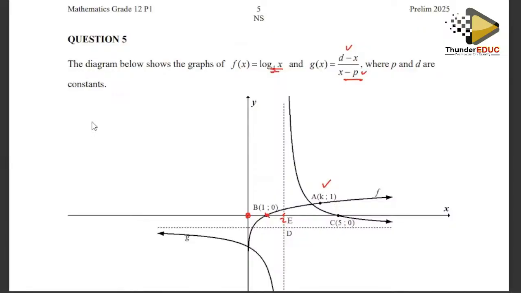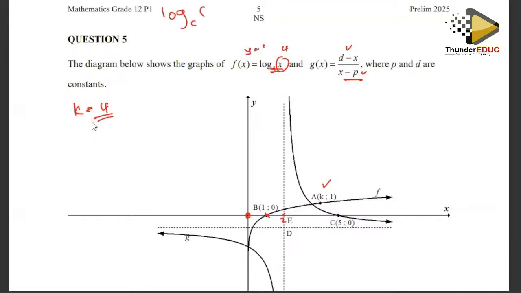All right, so what do we do in that case? From our function of f, for us to get a y of 1, x needs to be 4, meaning that k is going to be 4 because log 4 base 4 gives us 1.